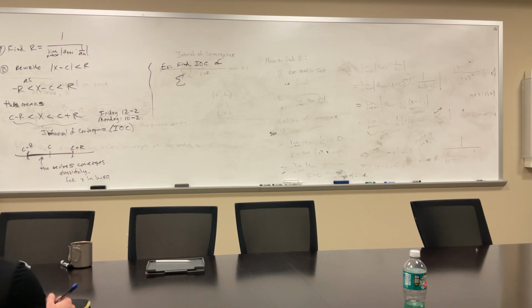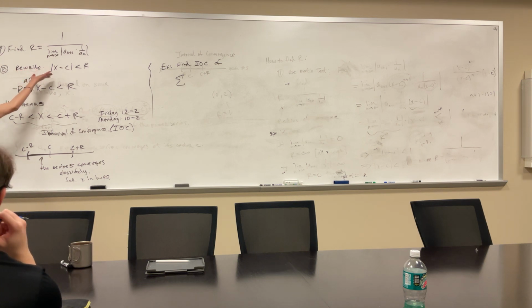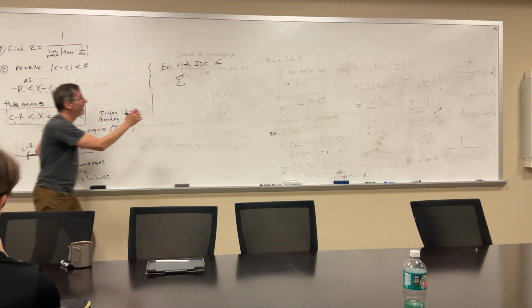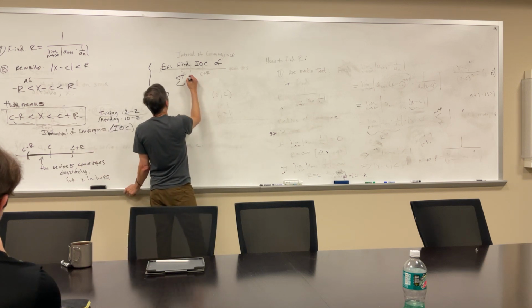I kind of wanted to give you all the details so that you knew why I was doing this, but that's step one. Step two is write this: take that number and add it to the center. That's all.